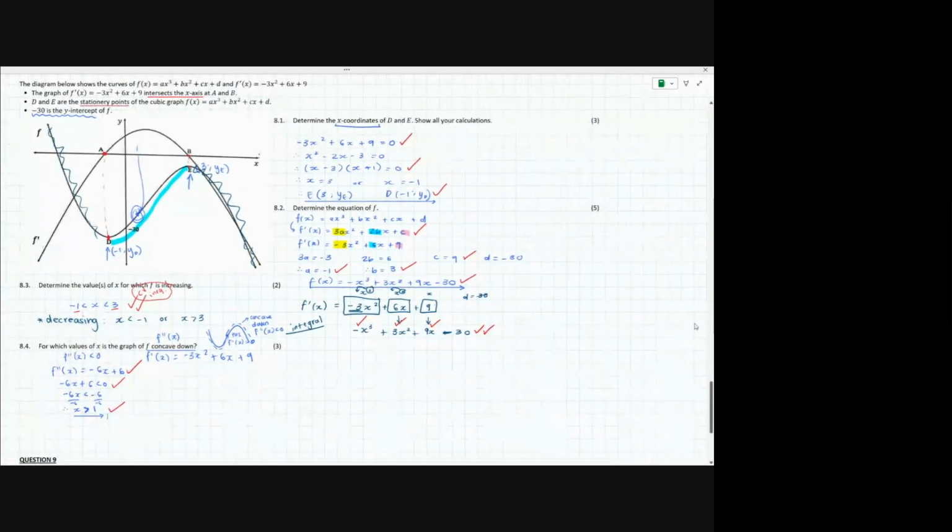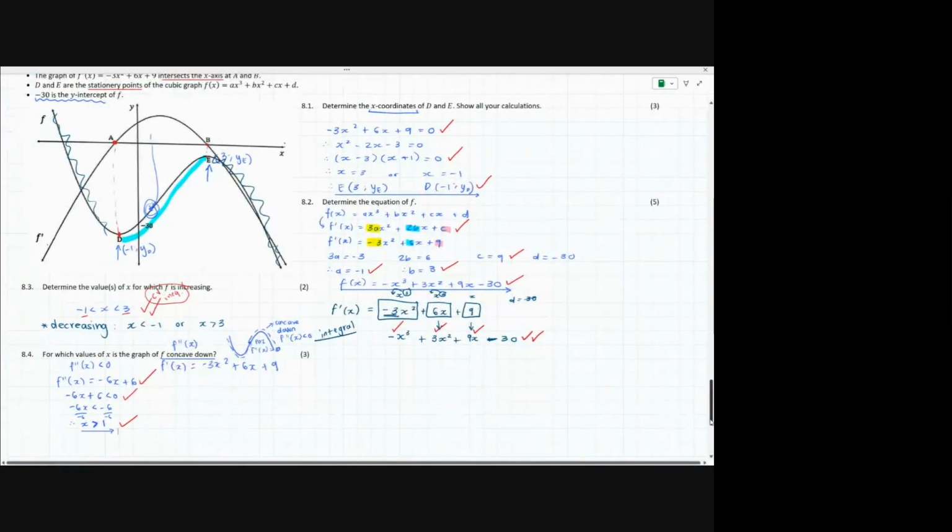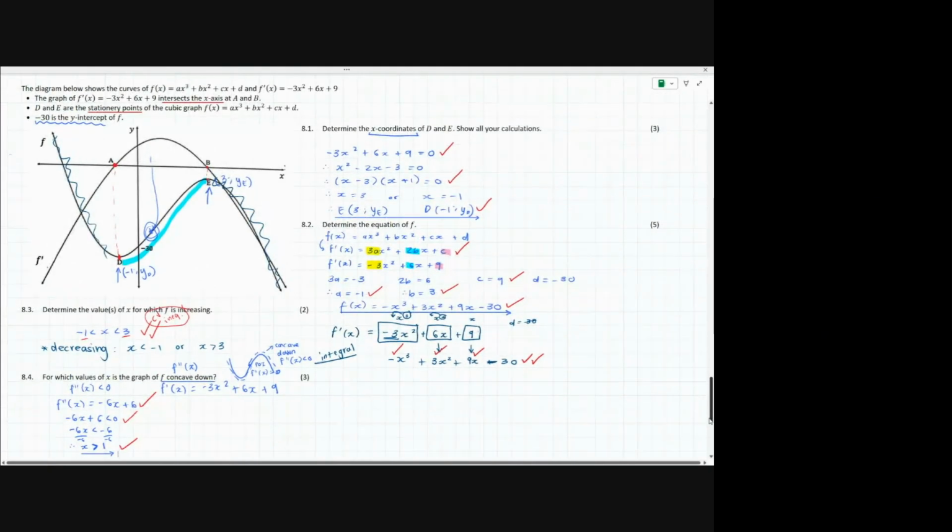All right, so this was the calculus graph question. I did think it was quite a nice question in terms of assessing pretty much everything that you needed to know, and also working with the derivative function.